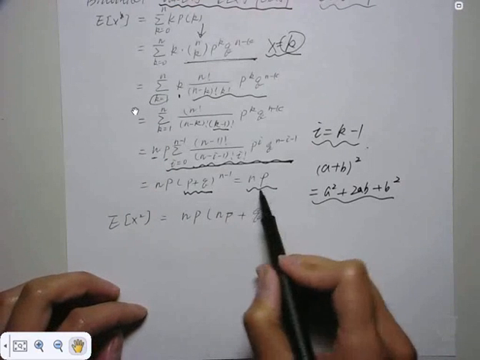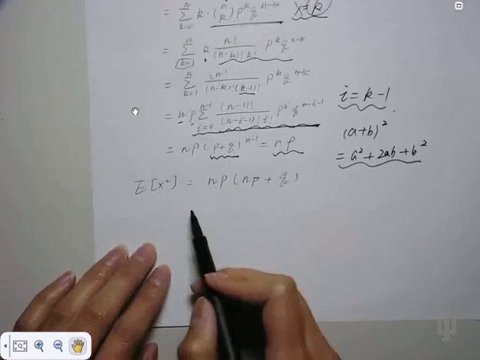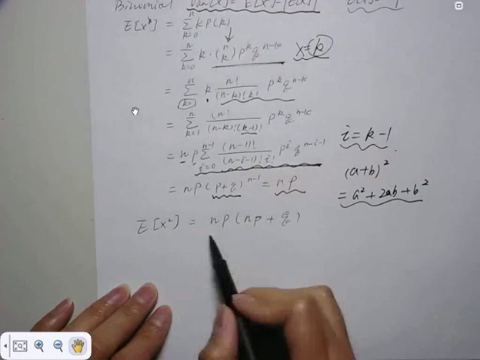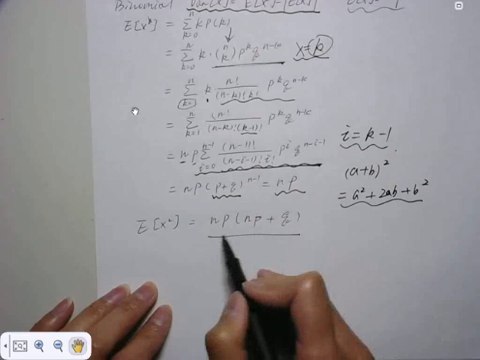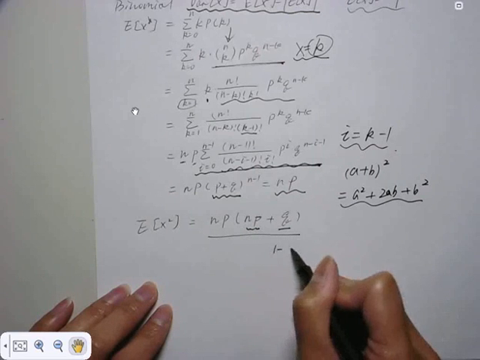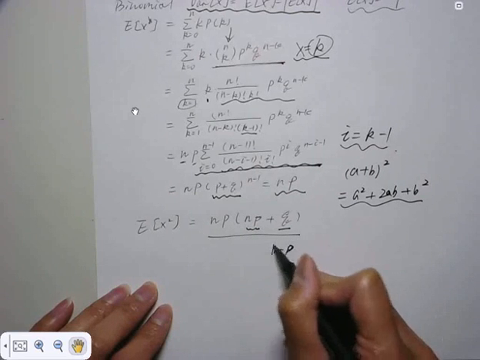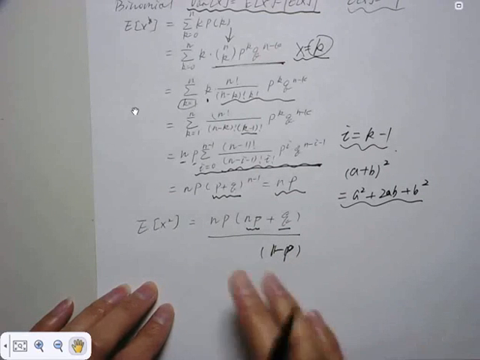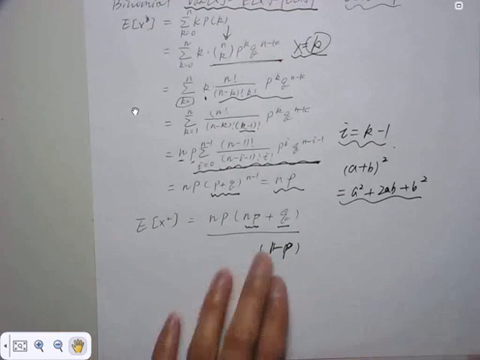So that's n times p. And the same way, you can do this, and it will give you n times p, and p plus q. This q can also be written as 1 minus p, right? So it will be consistent with the book. And you need to derive all the other probability models.